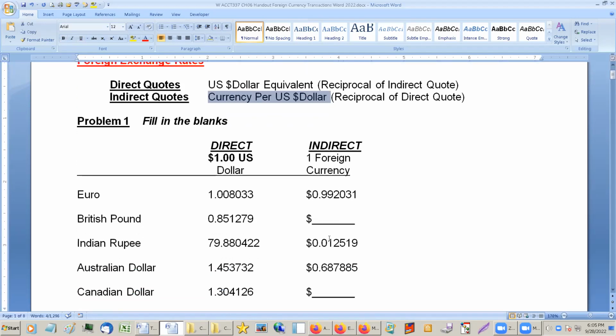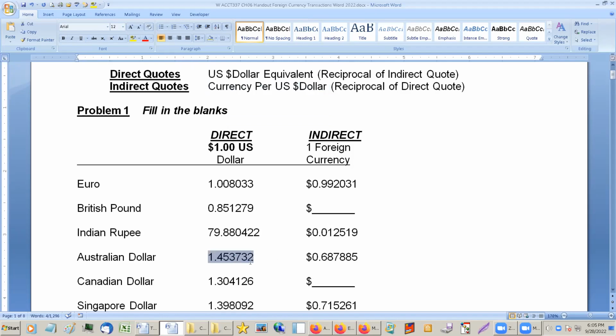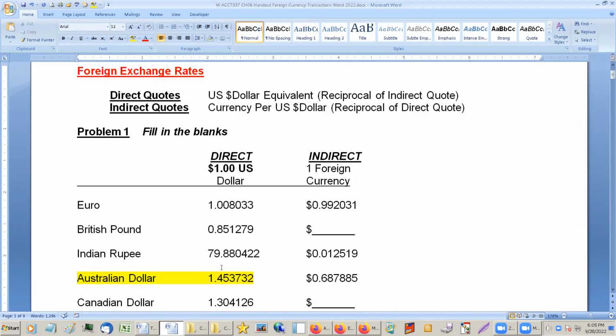So let's take one that's a little bit wacky. Let's go to this one, Australian dollar. It takes 1.45 Australian dollars to equal 1 US dollar. And then the question becomes, how much is 1 Australian dollar worth in US dollars? If you have one rate, you can get the other one just by putting 1 over the top of it.